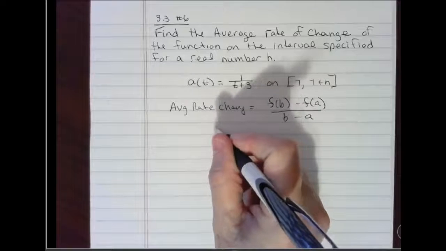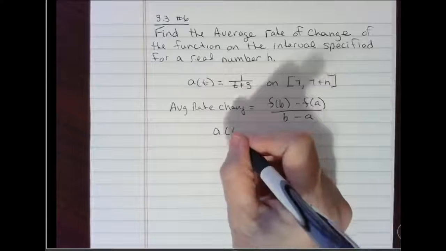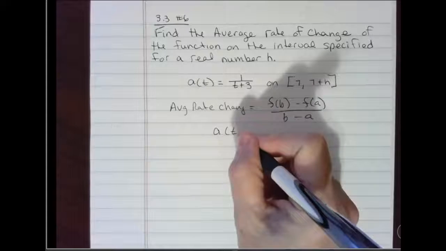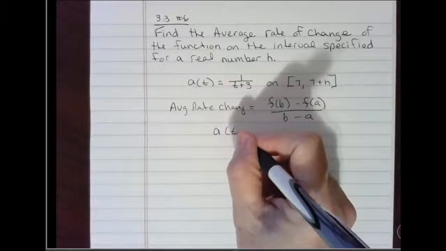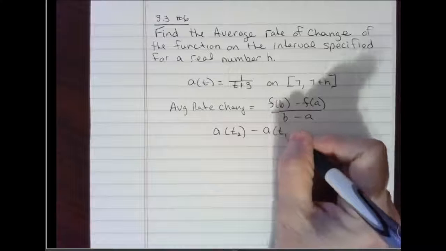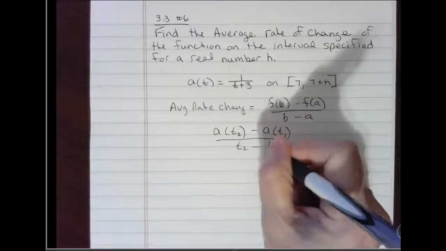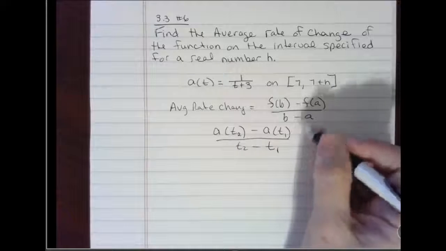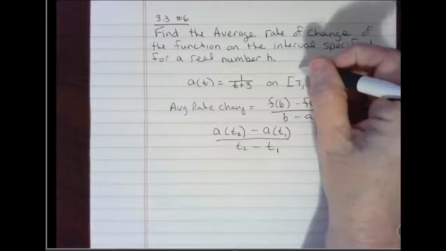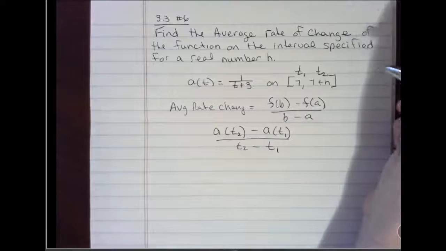So I'm going to have a of t sub 2 minus a of t sub 1, over t sub 2 minus t sub 1. Again, this is just notation. I'll make this t sub 1 and this t sub 2.